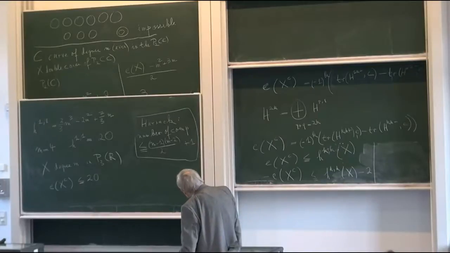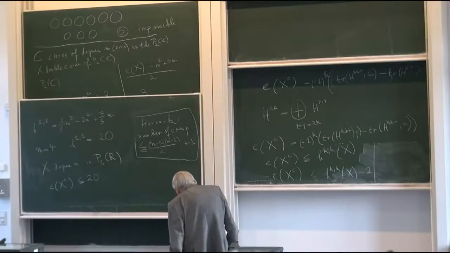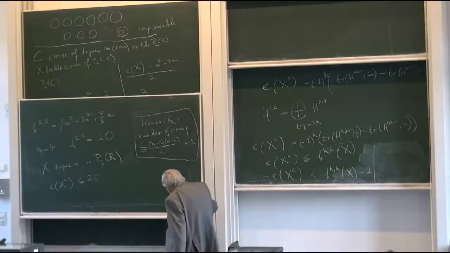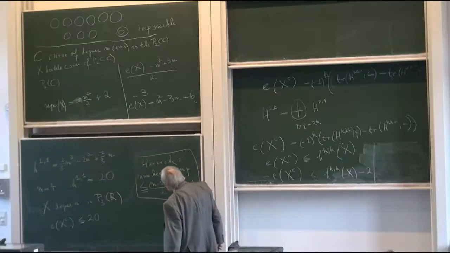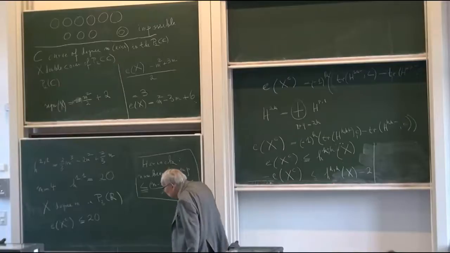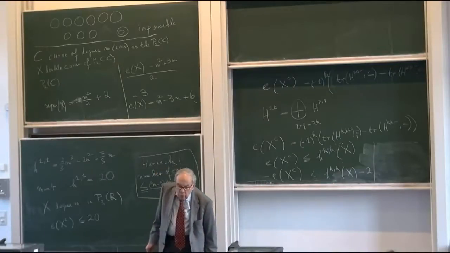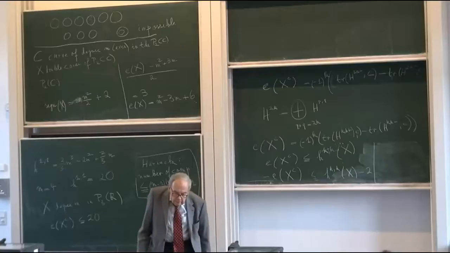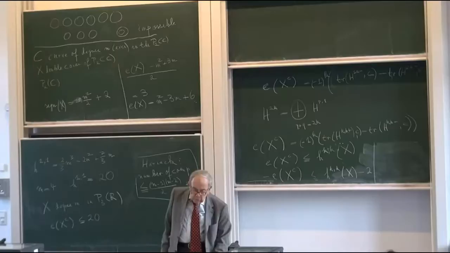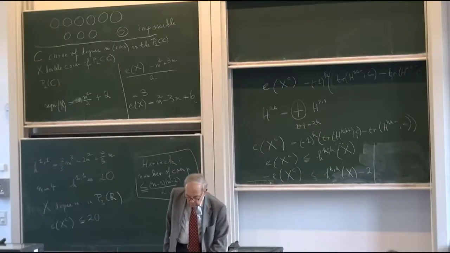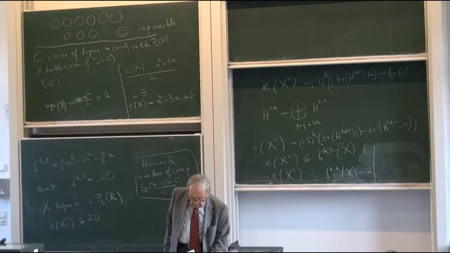Then I had the formulas for the Euler number and for the signature of the surface. Without telling you how to do it in the details, these invariants, Euler number and signature of a surface, also give you nice formulas in certain cases for h^{11}.